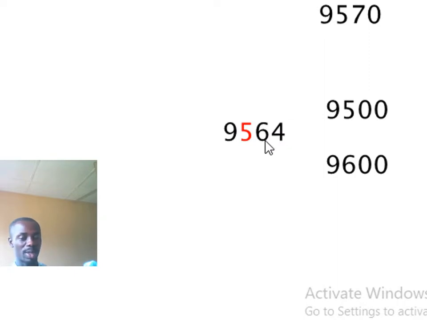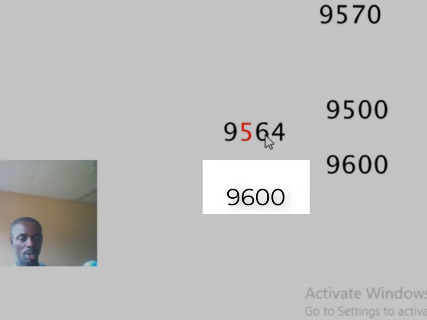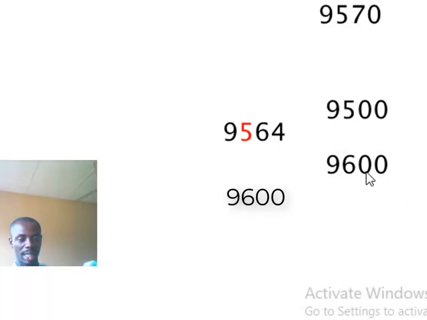So 6 becomes our approximating value, which is 1, added to 5, that is 6 itself. And every other thing becomes 0. So this is 9,600. Why? Because the 6 here is approximable. So adding 1 to 5 is 6. And every other thing becomes 0. And it is resulting to this. So here is the nearest 100. Okay, that is taken, I believe.